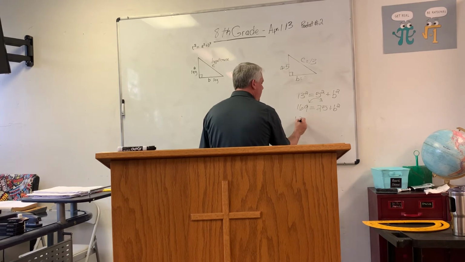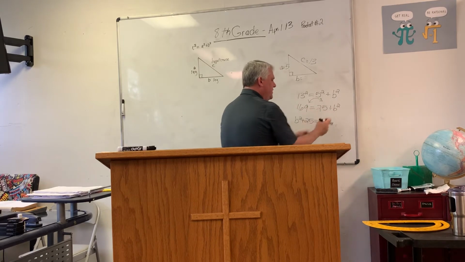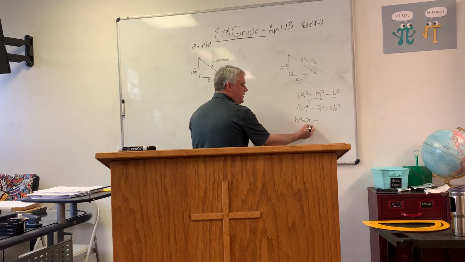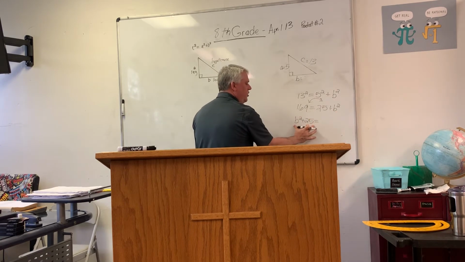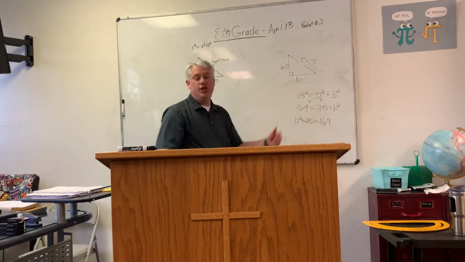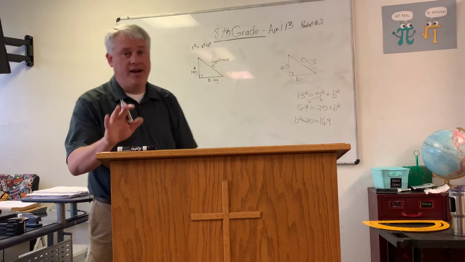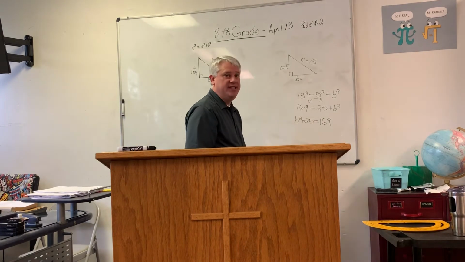So I'm going to rewrite. Notice I'm not changing what is together, 25 plus B squared. I'm simply rewriting it in a different order, putting it on the left side of the equation, and taking the 169 and putting it on the right side. I'm allowed to do that, and it will help you. I recommend you do that every time.